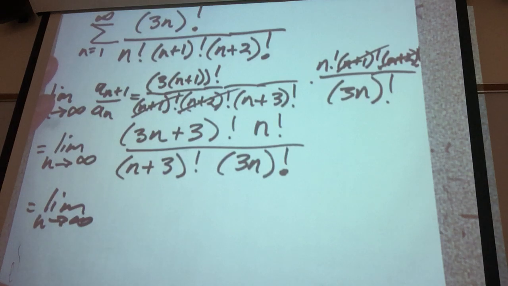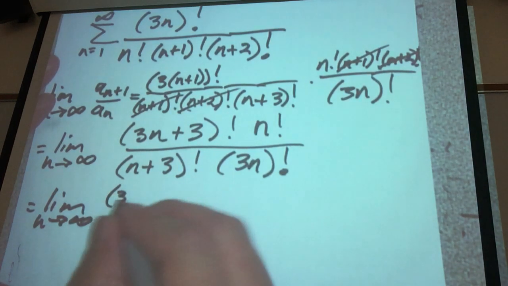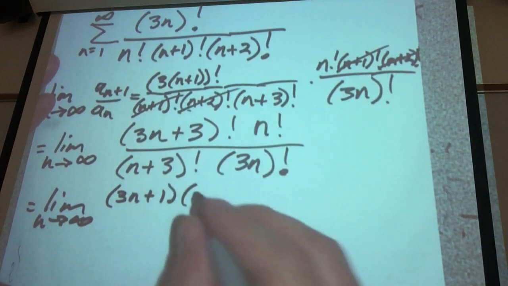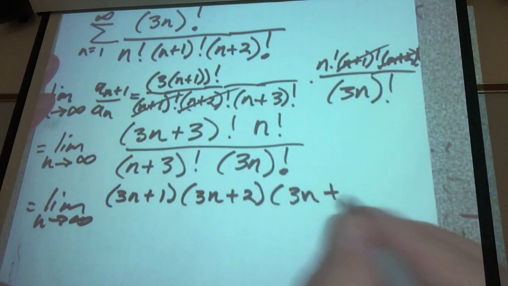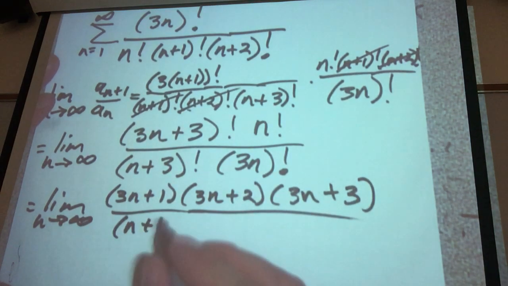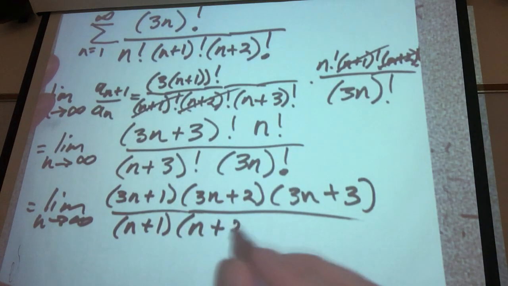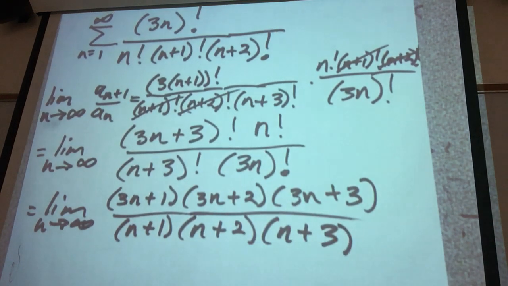All right, so if I do the cancellation on this one, I'm going to get 3n plus 1, 3n plus 2, 3n plus 3, divided by n plus 1, n plus 2, and n plus 3. And I know we have to ask ourselves, can we do any cancellation?